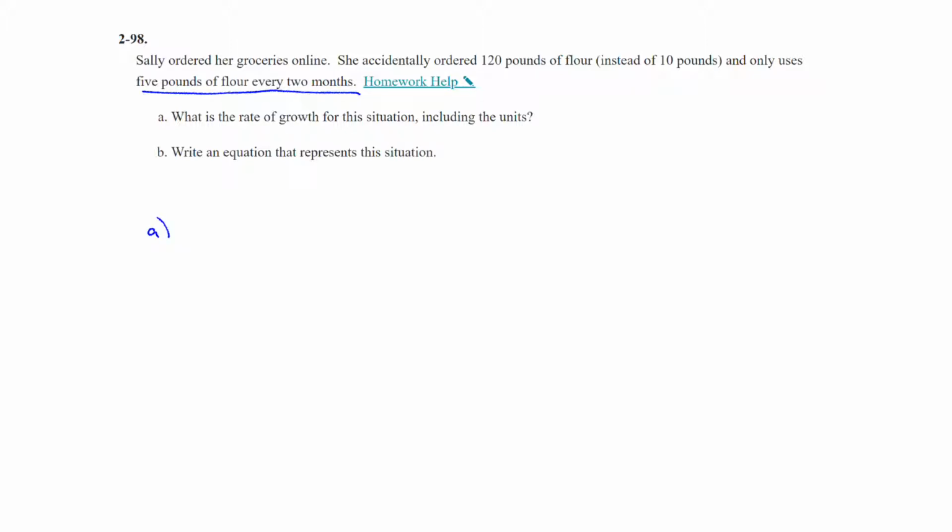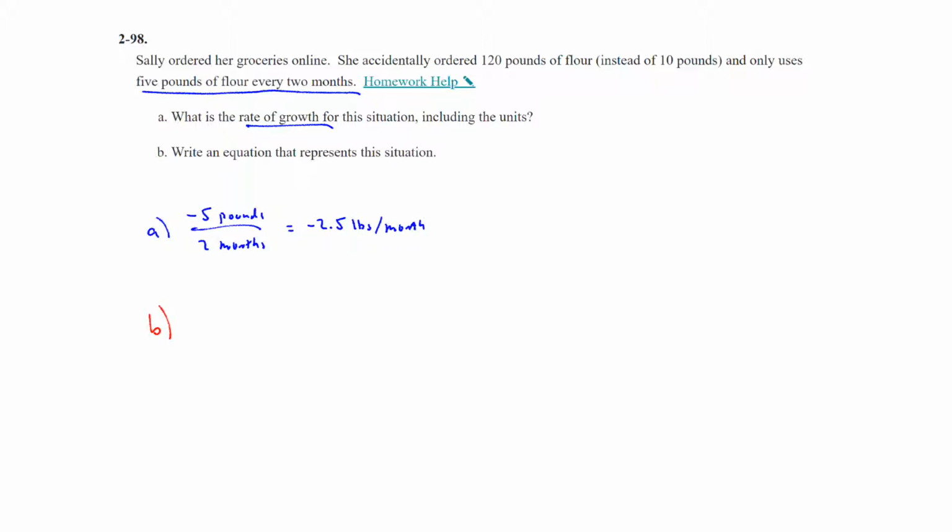So on part A, she uses 5 pounds per every 2 months. And if we simplify that, we could write this as a unit growth rate, which would be negative 2.5 pounds, LBS is pounds, per 1 month. So that is the rate of growth on this one, and it's actually decreasing.